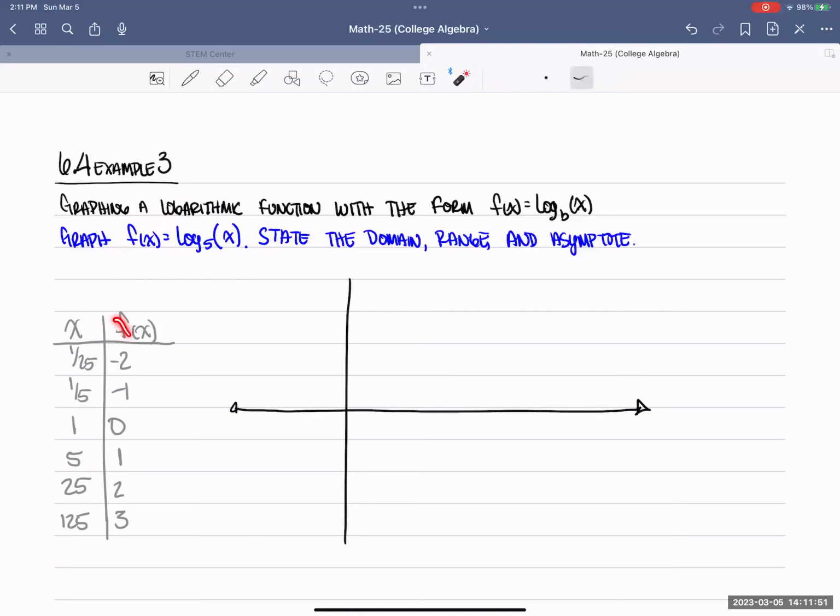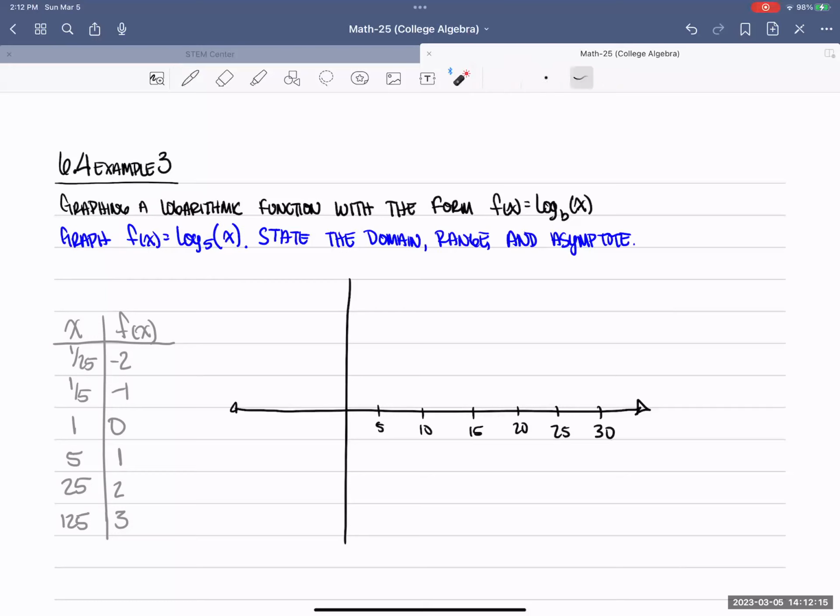So here, our outputs aren't going to be that bad, but our inputs are going to be a little bit tougher to work with. So let's start with, we'll say this is 5, 10, 15, 20, 25, 30.